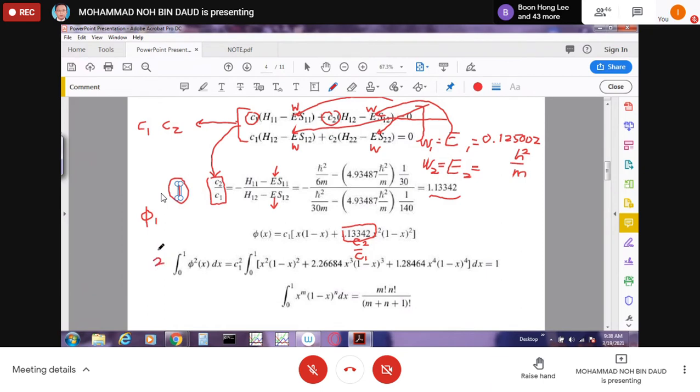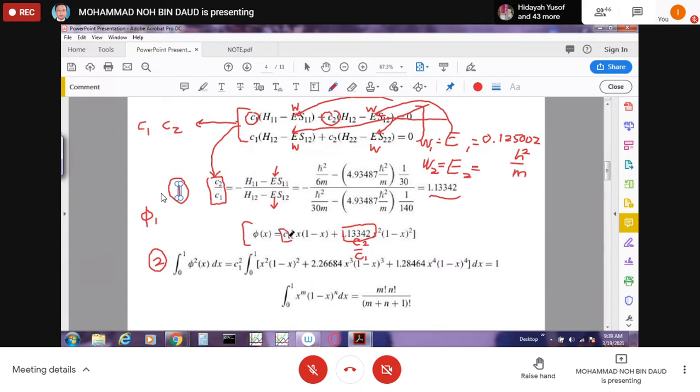We want to evaluate the C1 and C2. Apply this, sorry, normalization constant. We apply these normalization conditions for these trial functions. When we normalize this, we can assume this coefficient C1 is the normalization constant.